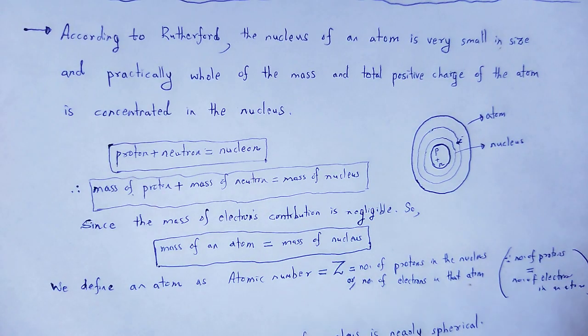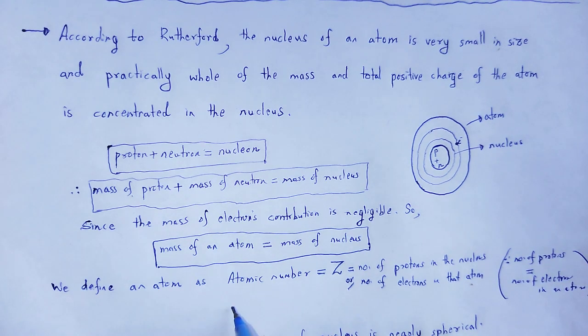Overall, the atom is neutral because the charge of an electron is negative and the charge of a proton is positive. The number of electrons present in the atom is the same as the number of protons, so overall the atom is treated as neutral.